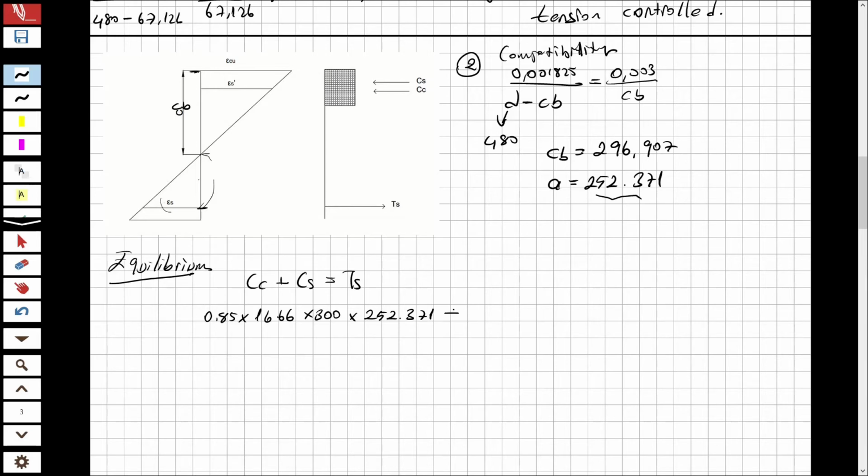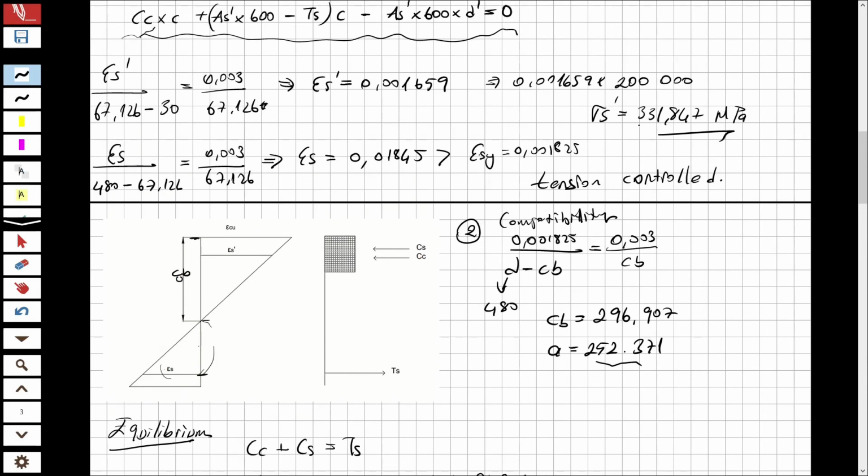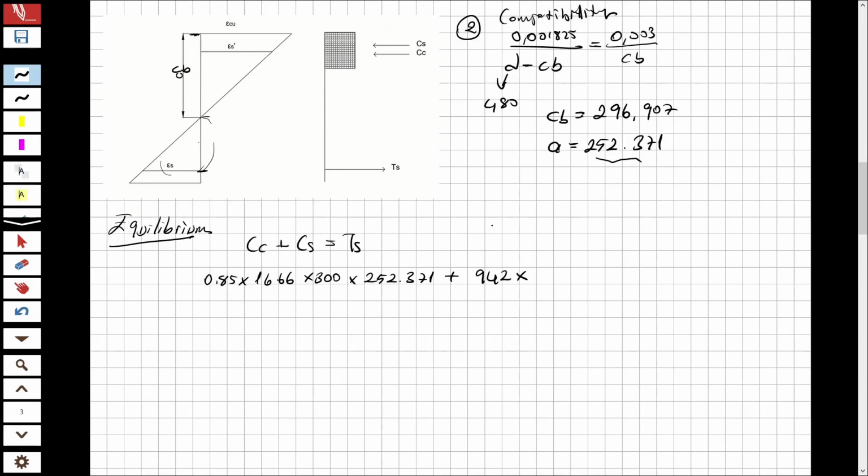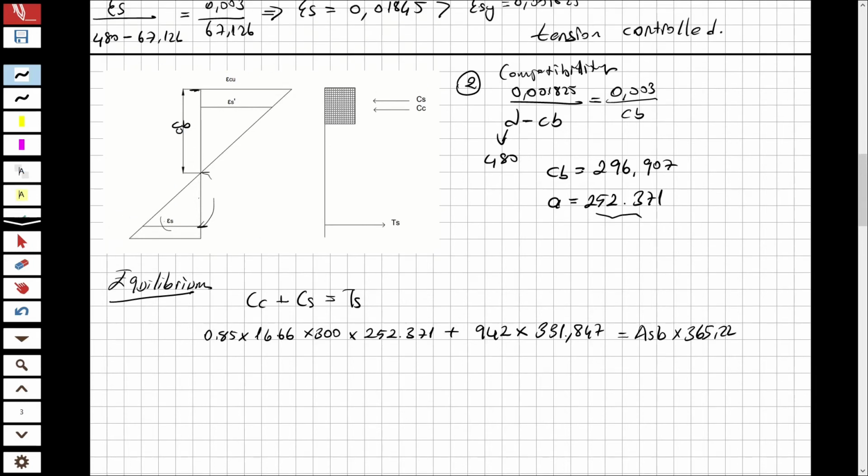And this equal to, plus 942 multiplied by the stress that we determined here, 331.847, because now it is the stress of this steel. The yield point of the steel equal to ASB multiplied by 365.22, because we assume that the bottom steel has yielded.